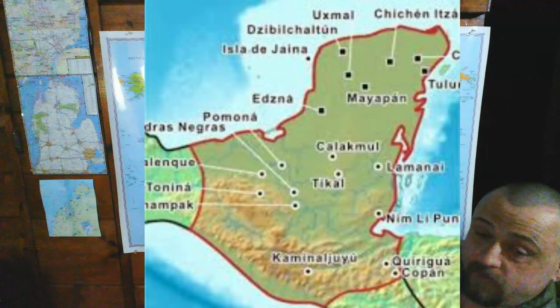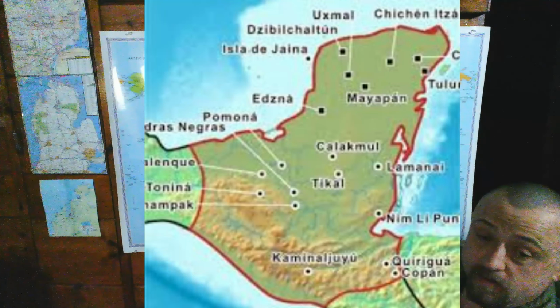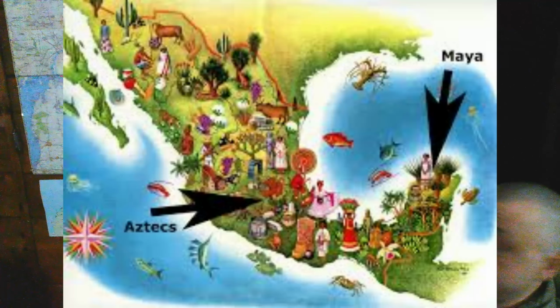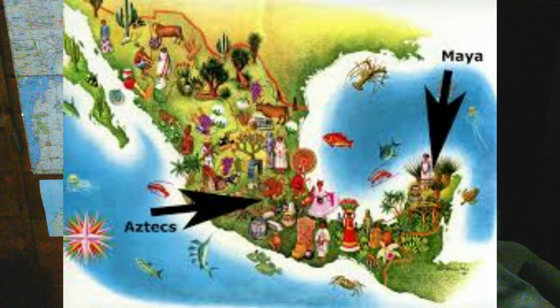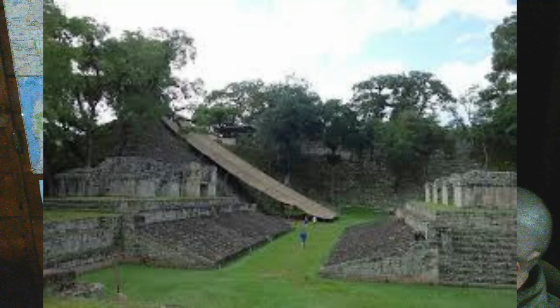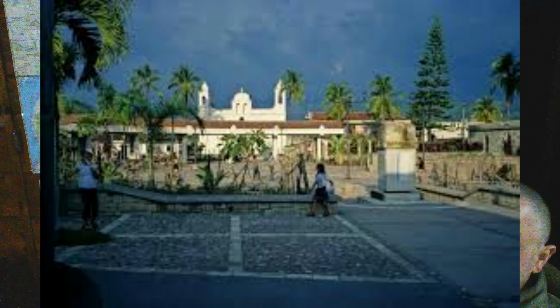I don't know if I'm saying any of them right. But those two are in the Yucatan Peninsula, the part that sticks off there of Mexico. Right there. And then you have Copan. That's in Honduras. And they had several major cities, Tikal, that was a big one.